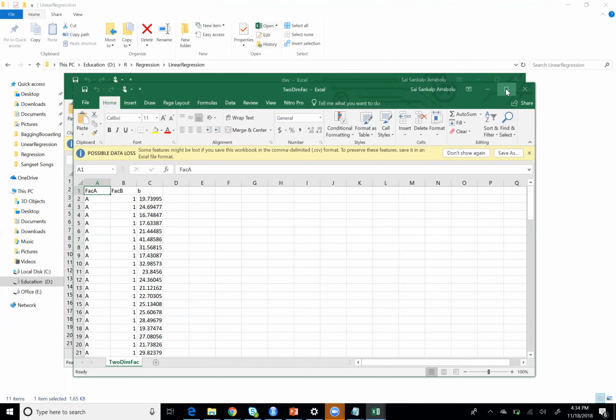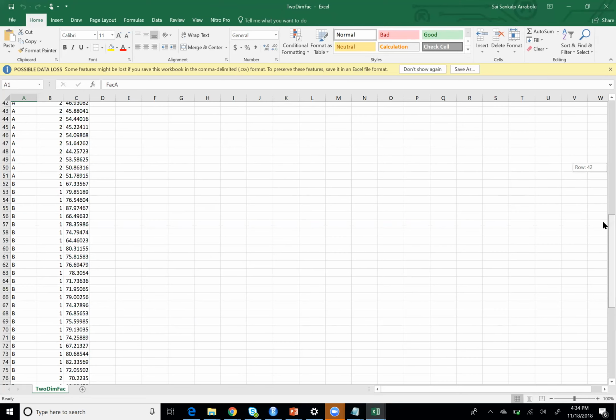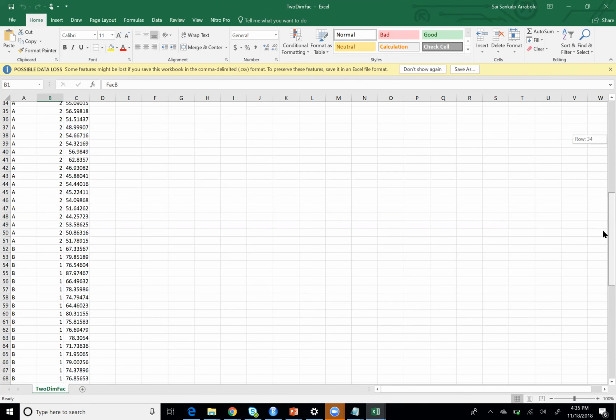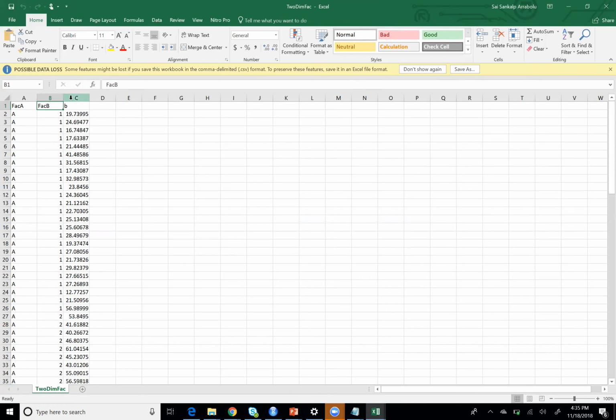So there's a factor variable A, and then there is a factor variable B. Factor variable means discrete values. This only has a value between A and B. And the next factor variable, FAB of B, is 1 and 2. And then Y, what we are predicting here, is a continuous variable.